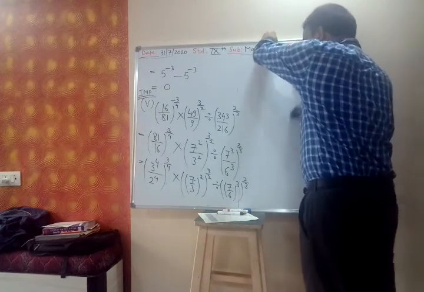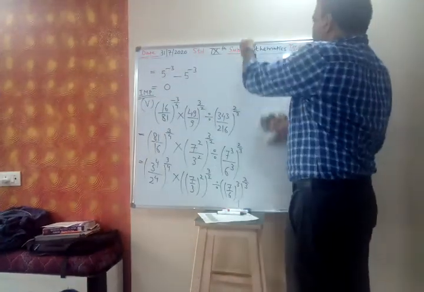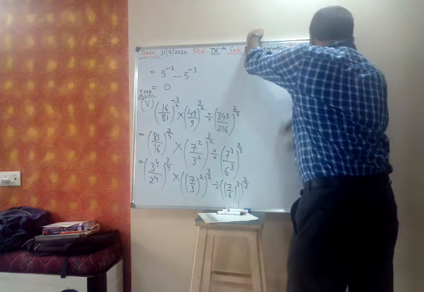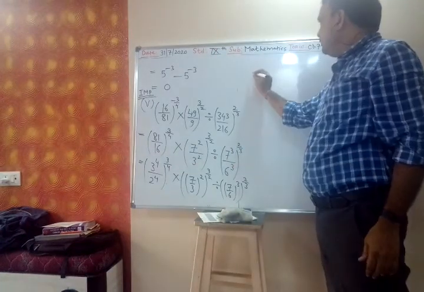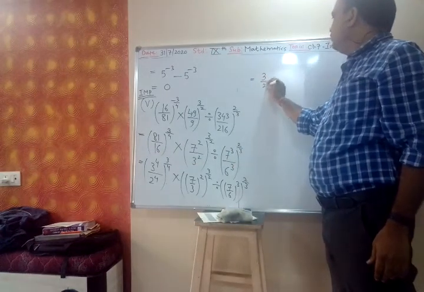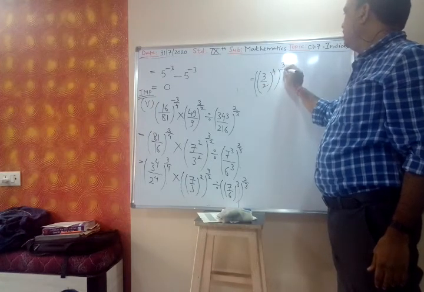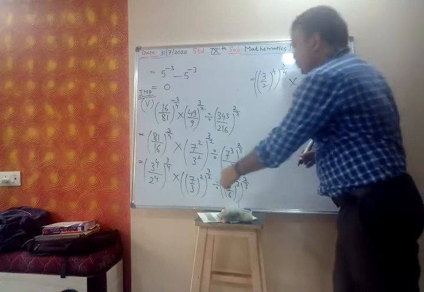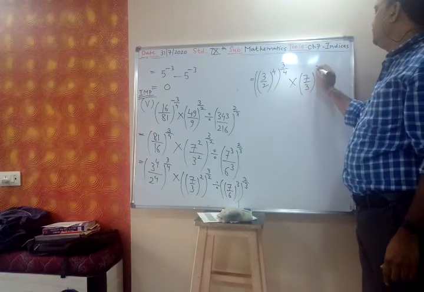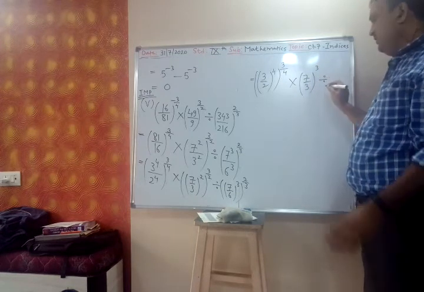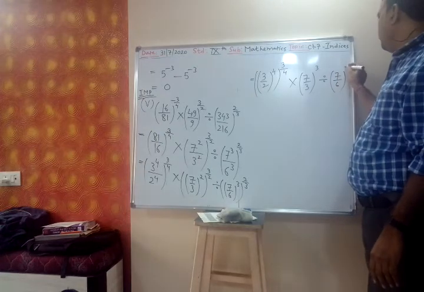So this we write 3 by 2 raised to 4 whole raised to 3 by 4 into, now 2 get cancelled, 7 by 3 raised to 3 divide by, wait, 7 by 6 raised to 2.